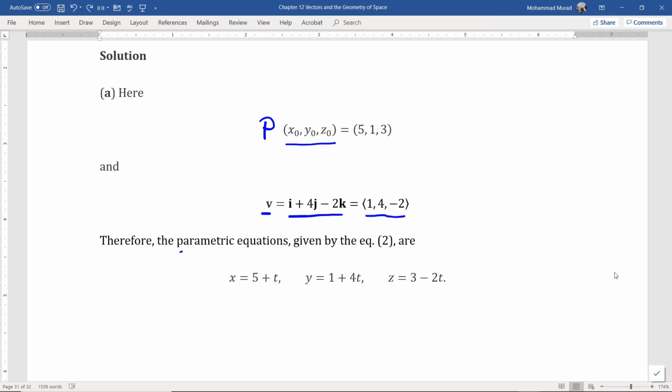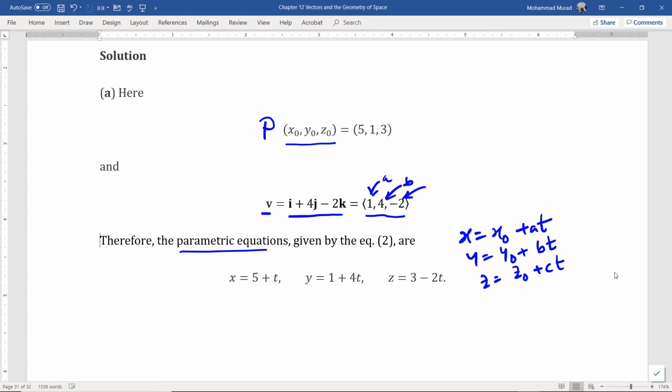Therefore, the parametric equations given by x equals x sub 0 plus at, y equals y sub 0 plus bt, and z equals z sub 0 plus ct, where a is the number 1, b is 4, and c is negative 2, we obtain these equations, the parametric equations of the straight line.